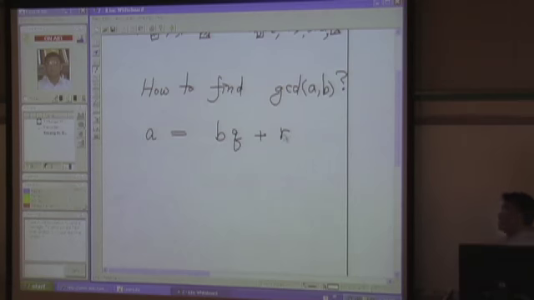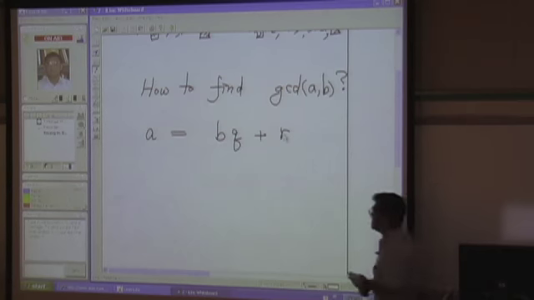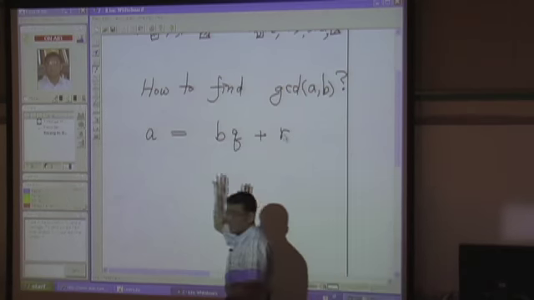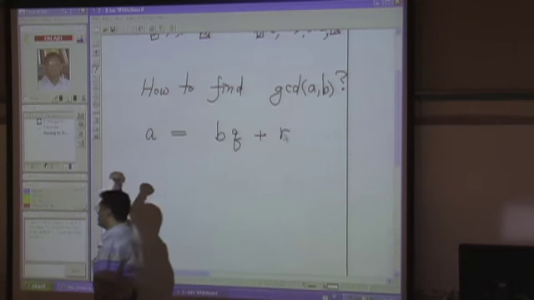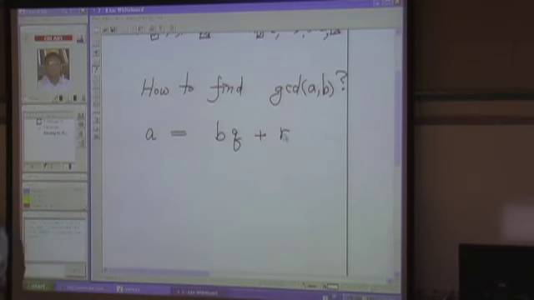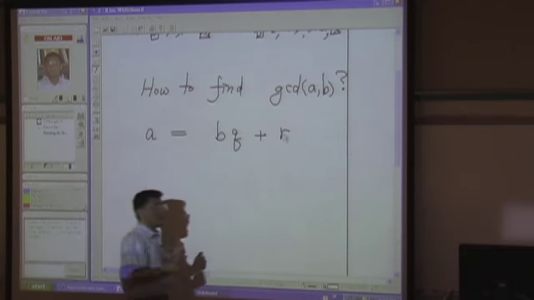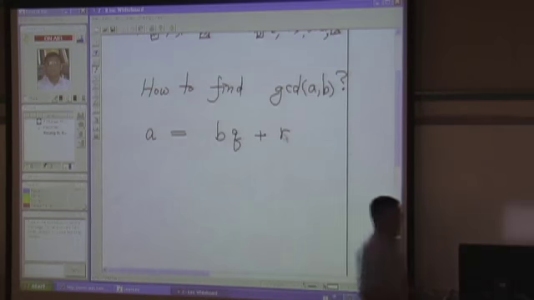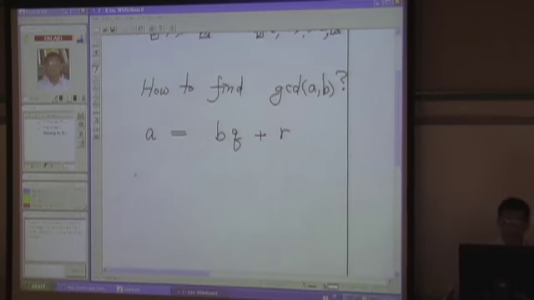If you divide A by B, then there should be a quotient Q and then the remainder. So this is the division algorithm I mentioned last time, and the usage is here.